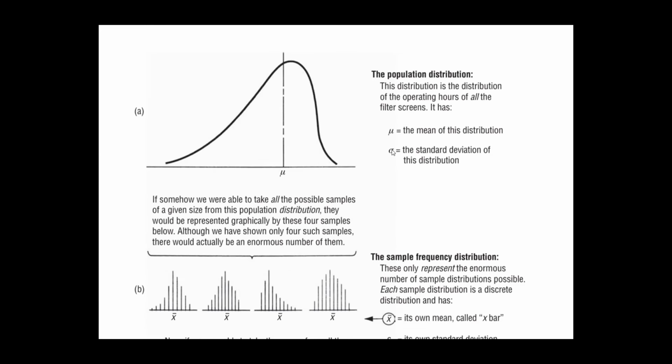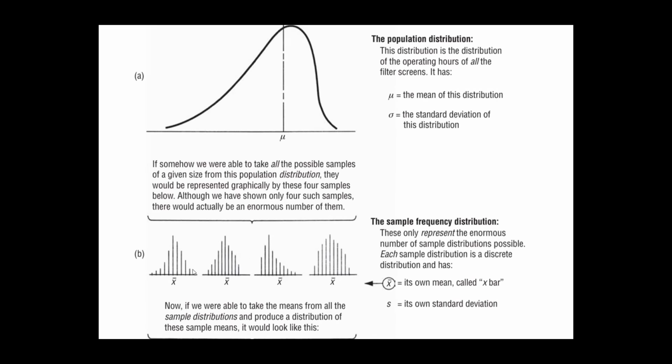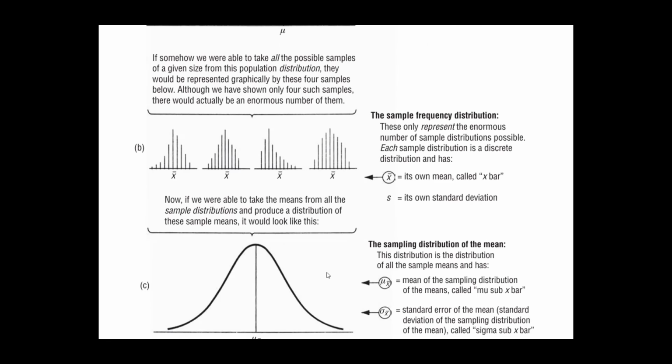So they have explained that this is our population, which can be normal or non-normal. We will see those variations a bit later. And from here we are taking various samples. From every sample we are getting a mean, and those means are now used for developing a distribution, which is this.